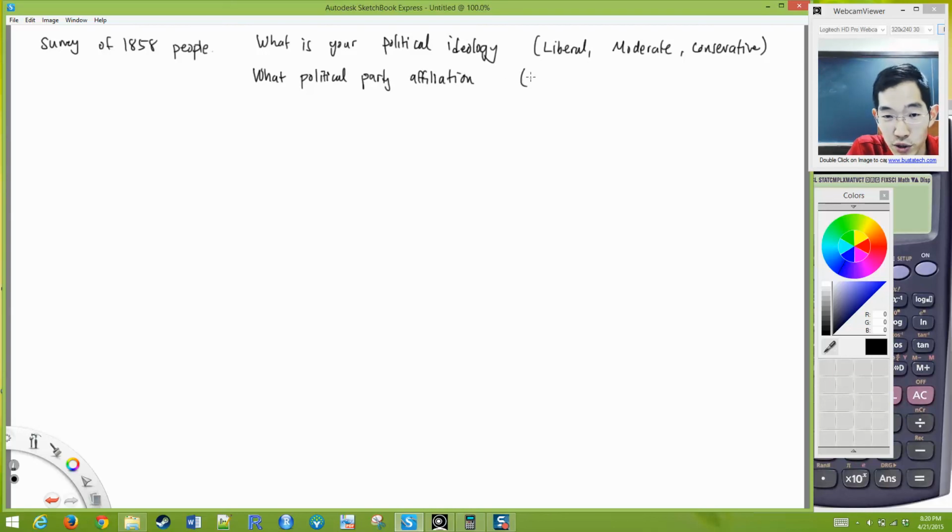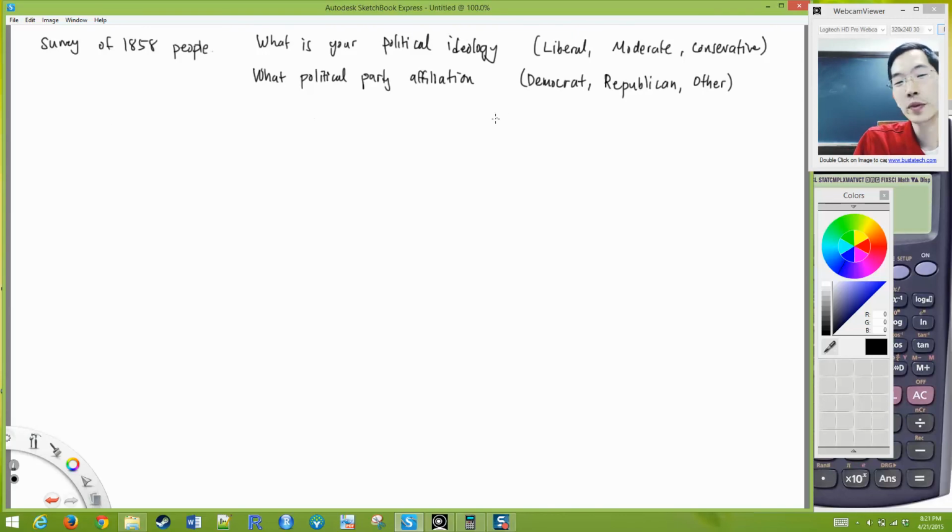Your choices are Democratic Party, Republican, or other. Again, we're simplifying the world into 3 categories here. Some people can say fiscal conservative, social liberal, but we just asked them to pick one. I know the world is more complicated, but this is how we did it.